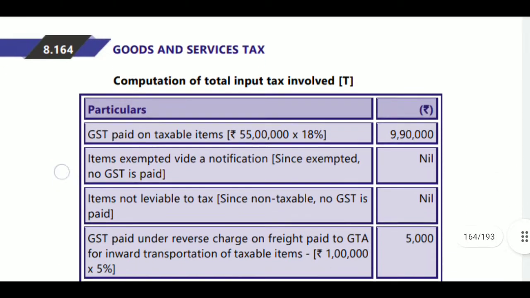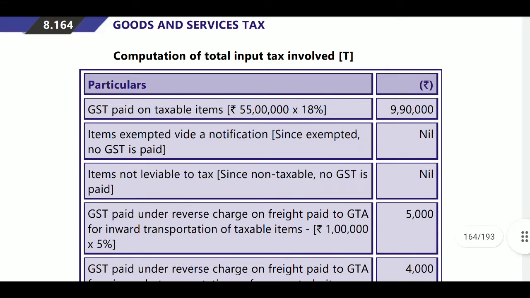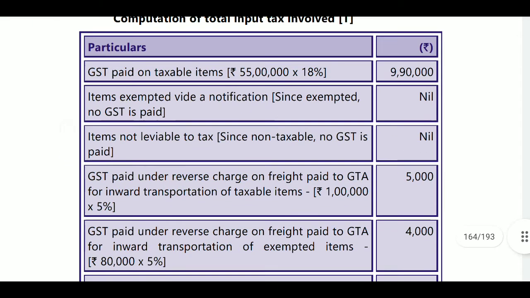Next, answer: computation of total input tax involved, that is T. Whatever you are liable for tax, you will take first. So GST paid on taxable items, 55 lakhs into 18%, 9 lakhs will be considered. Next, items exempted by notification: since exempted, no GST will be payable. Exempted products you will not pay any tax, so it will not be liable.